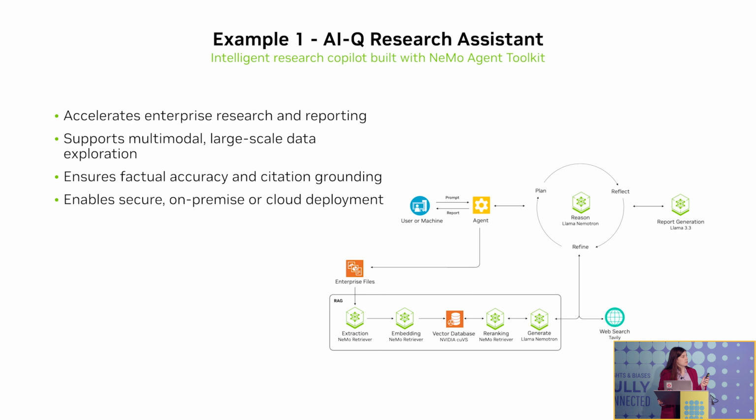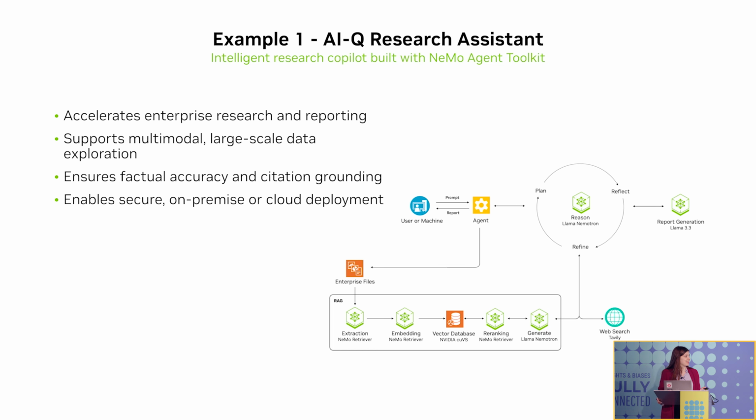First one is one of the blueprints that we have internally and also on GitHub, so it's open source. It's called AIQ. This agentic application is a research agent. So what it does is deep research, and you may be familiar with this from Gemini deep research or ChatGPT deep research.